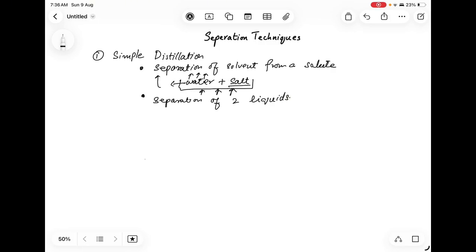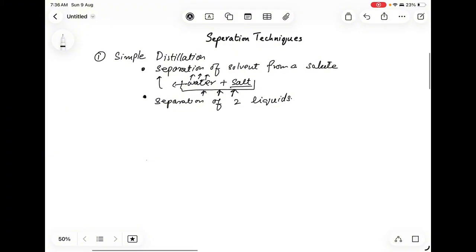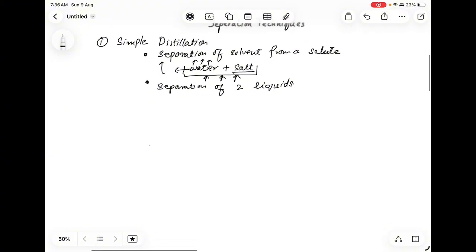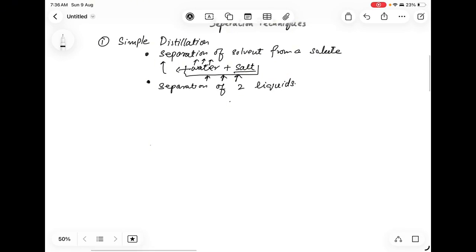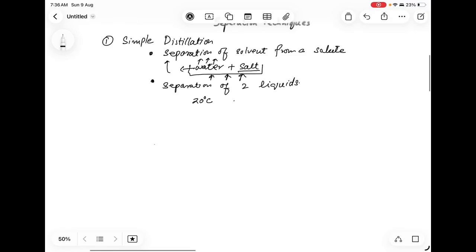Alright, so the liquids that you want to separate should have, now this is the condition for this, at least a difference in their boiling points of 20 degrees centigrade. If they have this difference in their boiling points, then they are okay for simple distillation.